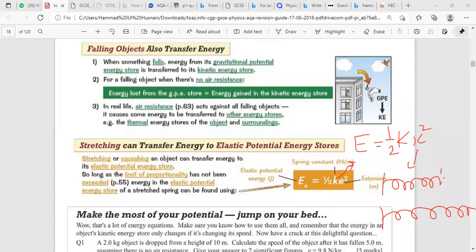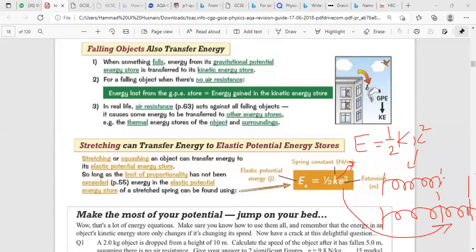The distance from this equilibrium position to its stretched position is called the extension, and this is what we mean by this e or x. You got my point? The extension in this spring which is produced by applying the force. This is how we can find the energy in that particular spring.